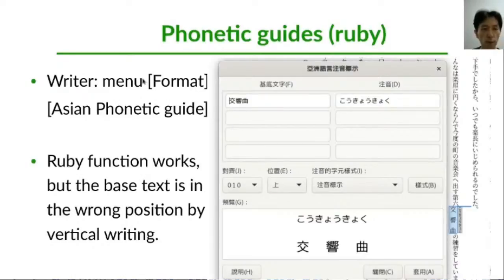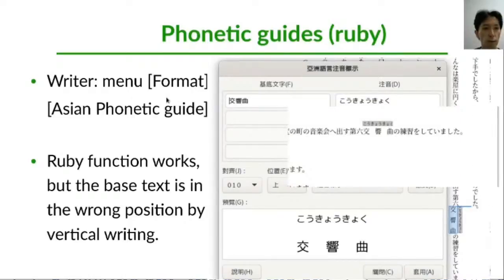In this case, the Ruby function is working, but the base text position is wrong. The base text is not straight. It's wrong. And this is also correct.